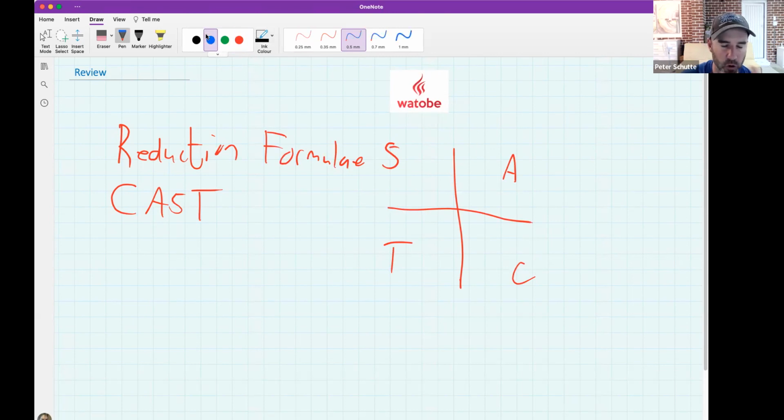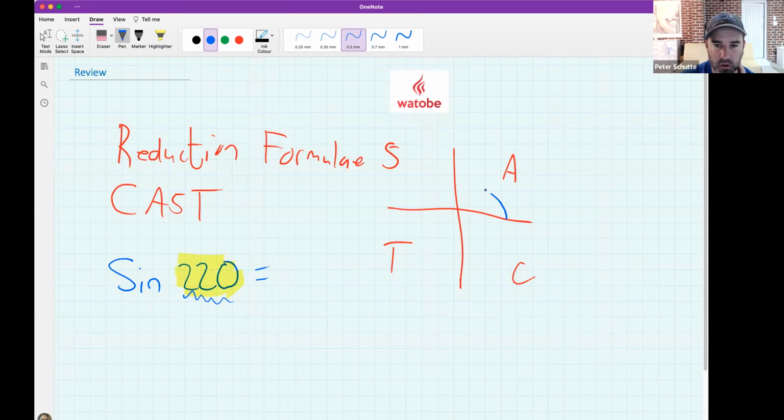Now, the reduction formula allowed us to reduce something, say the sine of 220, to something where the angle is an acute angle. We said trigonometry has to do with triangles, and you can't have a triangle that has an angle of 220. That doesn't make any sense. Triangles only go up to 180.